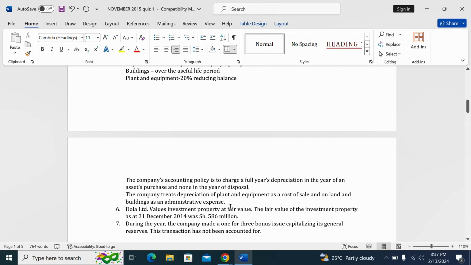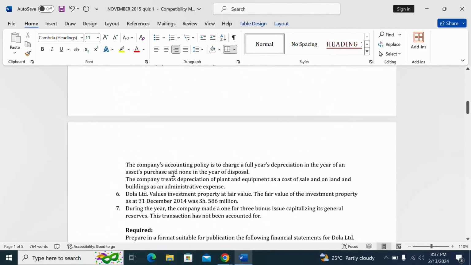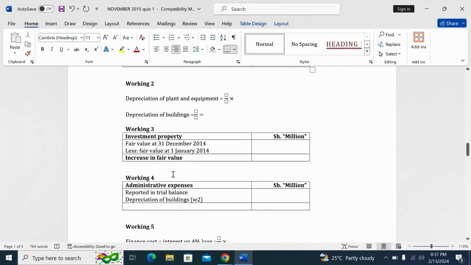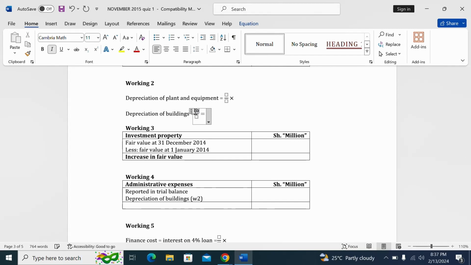Therefore, when we calculate the depreciation of buildings, we are going to treat it as an administrative expense. Therefore, let us go to our working note number 2 and we calculate the depreciation of building. We are told it was revalued on 1st January 2014, that is at the beginning of the year, to 800 million.